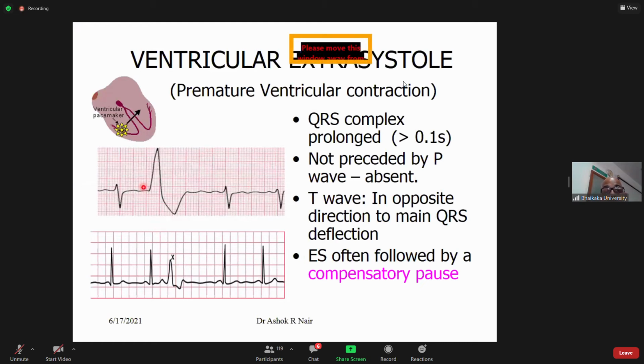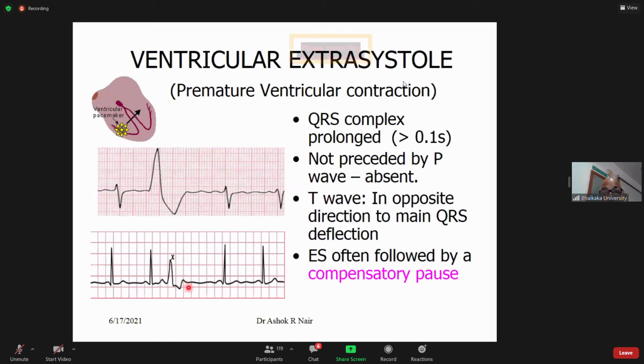Similar to this, if there's an ectopic focus in the ventricle generating impulses, it will lead to a premature ventricular beat.